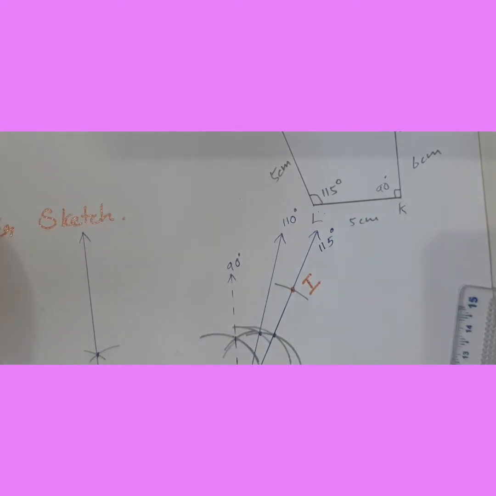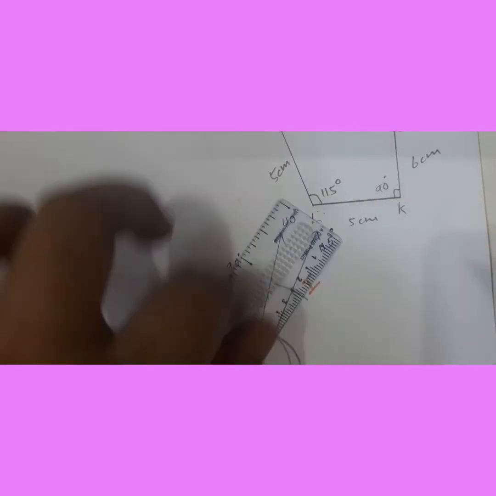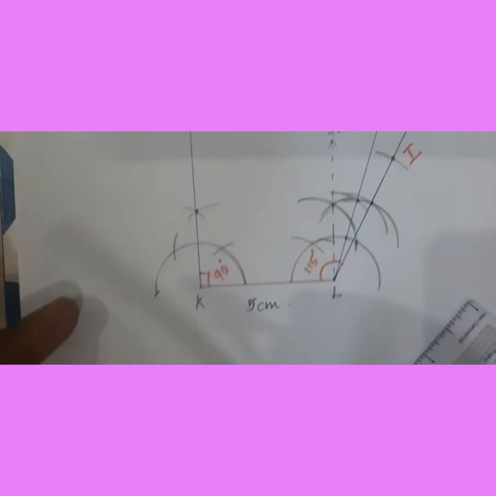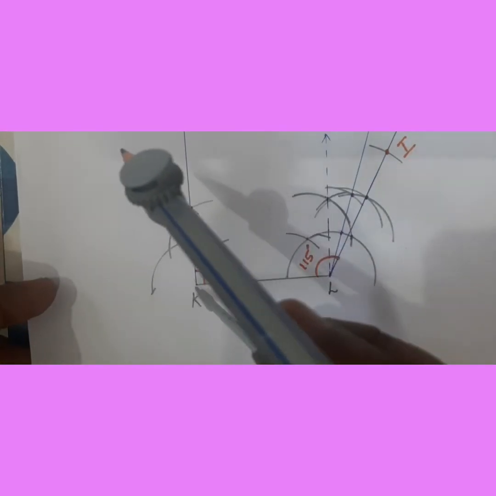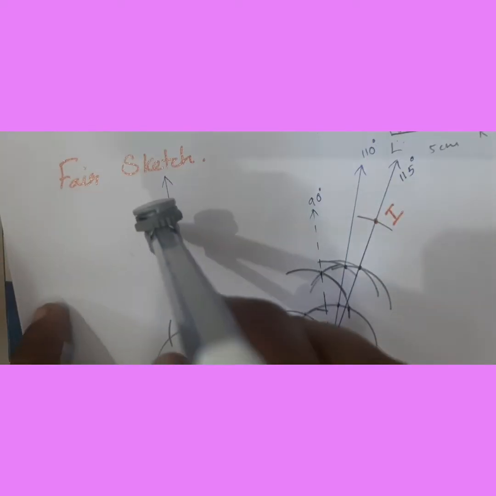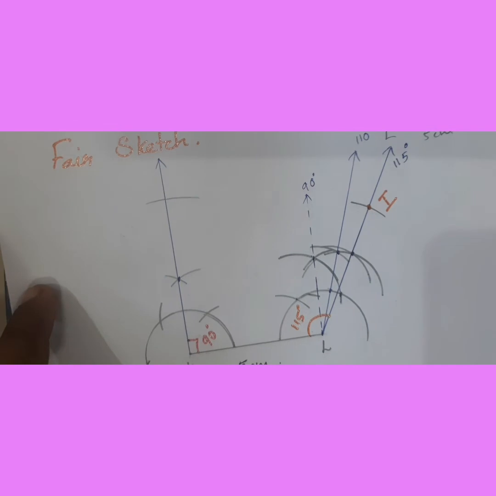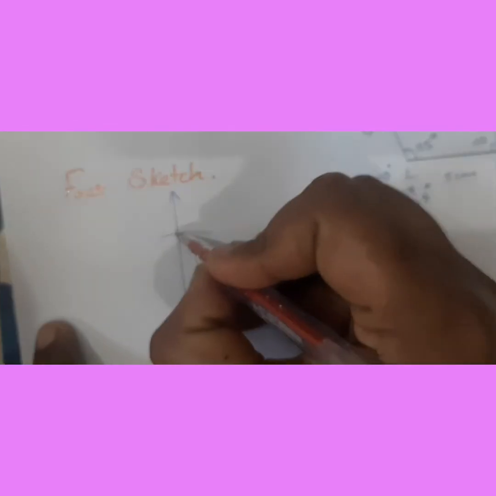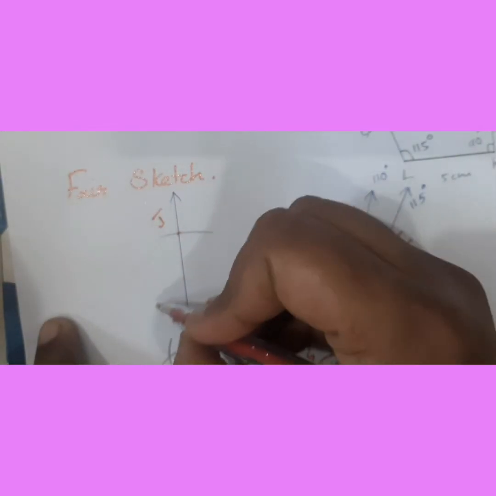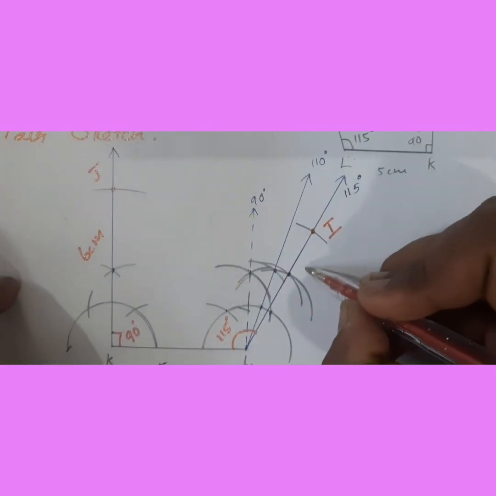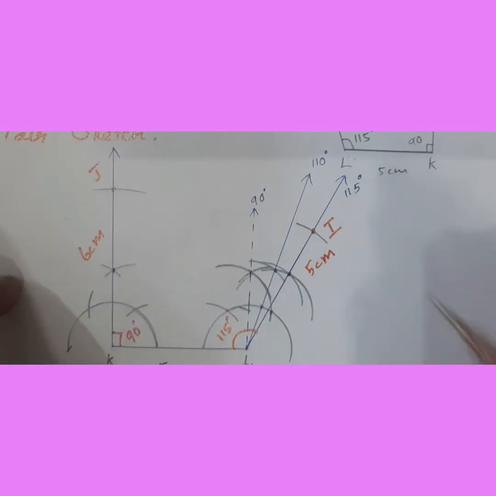Okay, then JK is 6 centimeter. Measure 6 centimeter. Keep the needle in K. Cut one arc. This intersection will give you J. That means this is 6 centimeter and this is 5 centimeter.